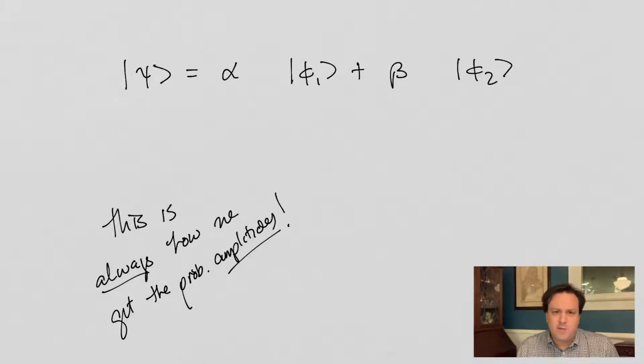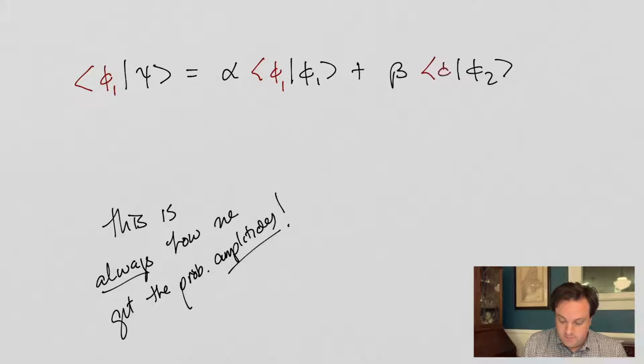And so what does that mean? Well, in this case, if I want to get alpha, it means taking the inner product with the state that I'm interested in, in this case phi1, so I'm going to multiply this through on every term. And then I take advantage, of course, of the orthogonality of my system, and I take advantage of the normality of my system.